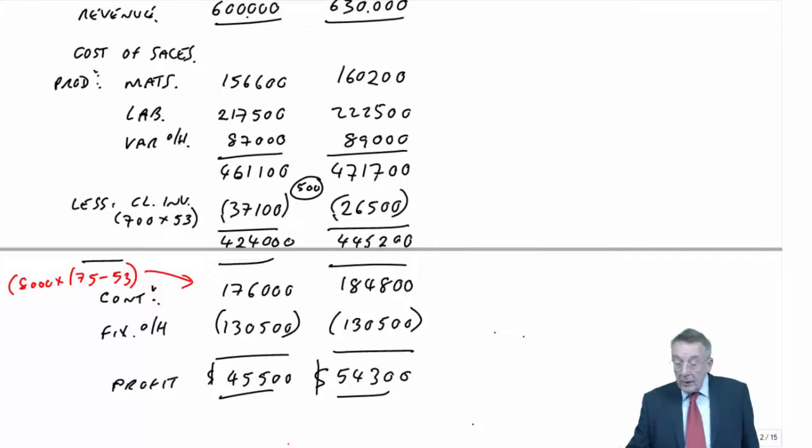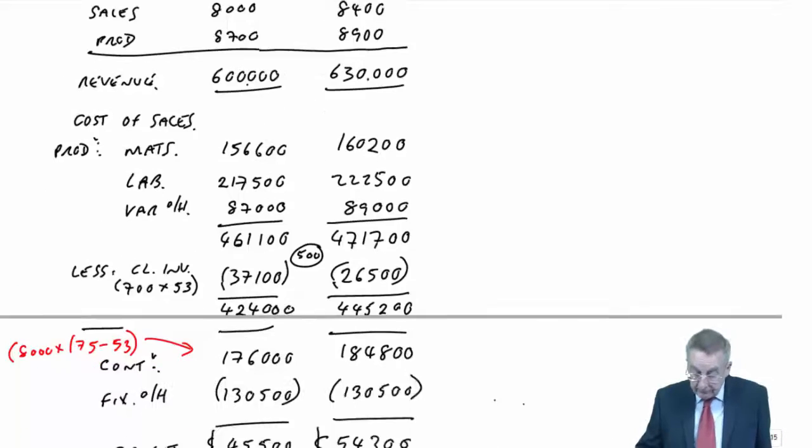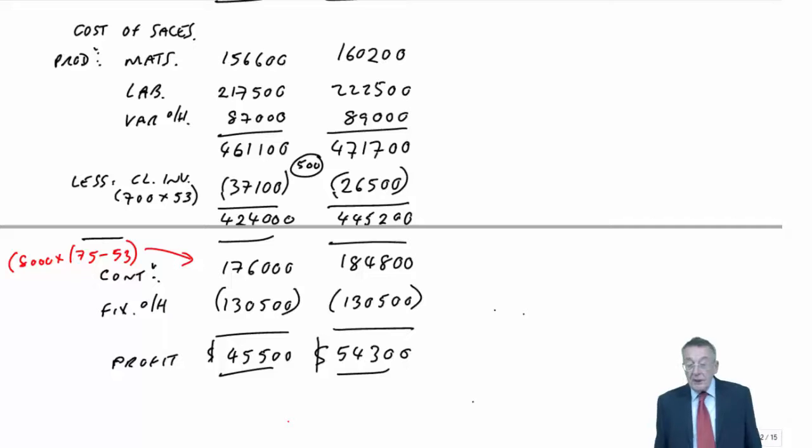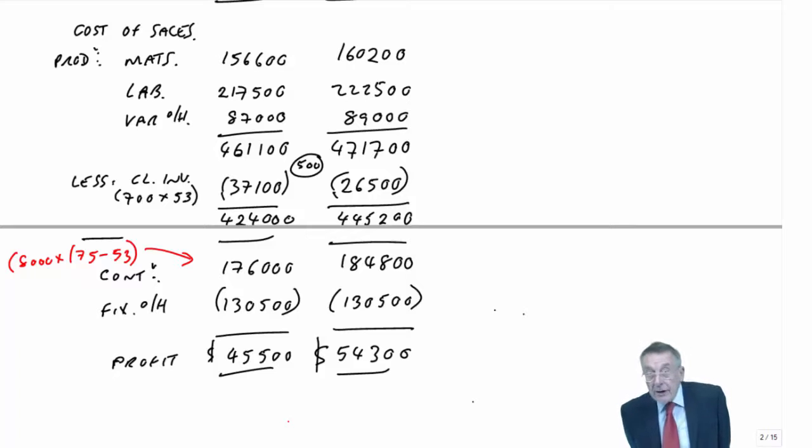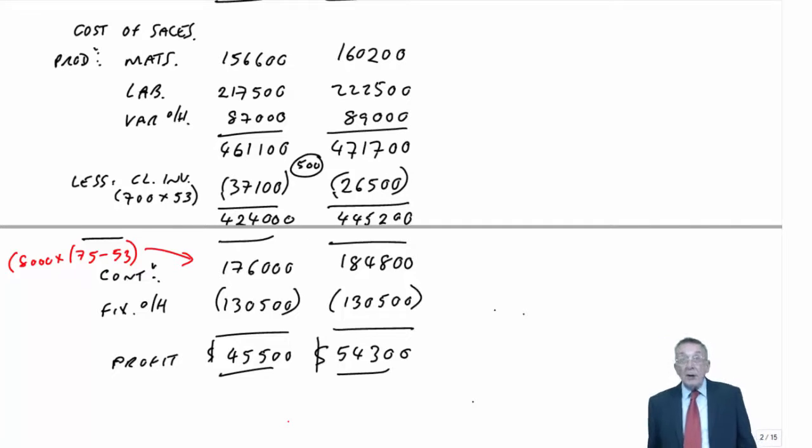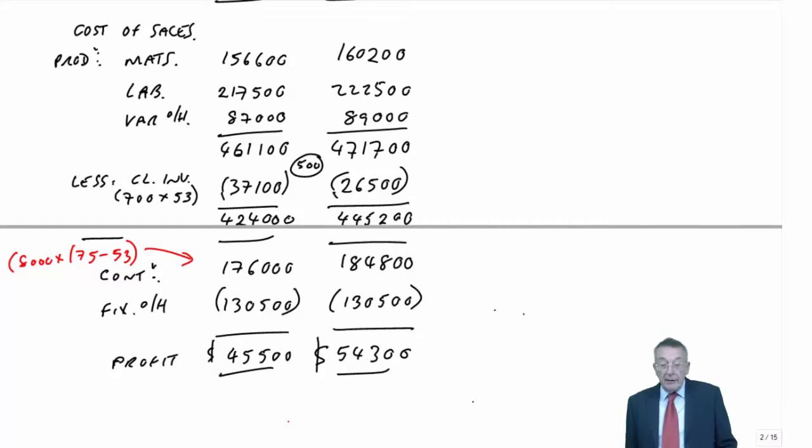And so, with what we call flex the budget, the original budgeted profit was 45,500. Even if everything went perfectly in terms of selling at the right price, paying the right costs, on our actual level of activity, we now are expecting 54,300.